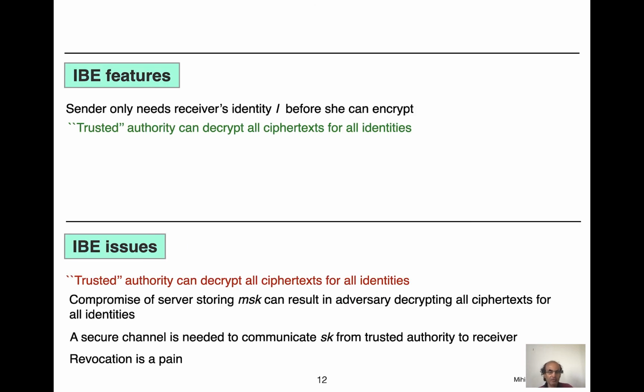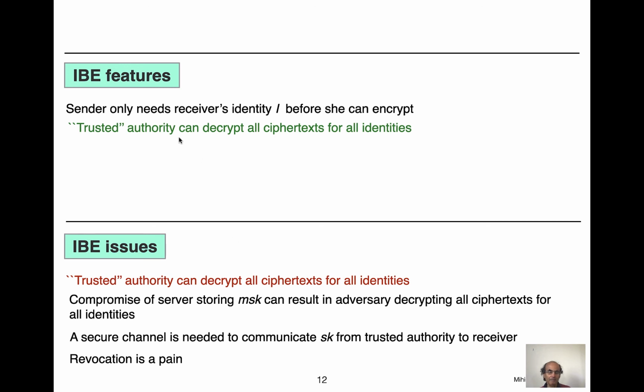We're not going to go into details of the security aspects of the scheme, but there is a result proven saying that in the random oracle model, this scheme does satisfy the IND-CPA definition that we gave. Let's instead turn a little bit to what IBE gives us or perhaps doesn't give us relative to things like public key cryptography, because that's kind of interesting from the application perspective.